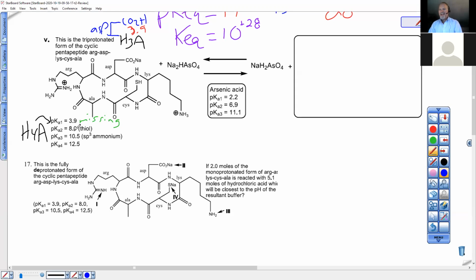So if the THI letters were missing, what would the only 2 letters be left? All, for alcohol. But here is a sulfur version of an alcohol. That's what that says. So you're told pKa2 is right here, thiol.